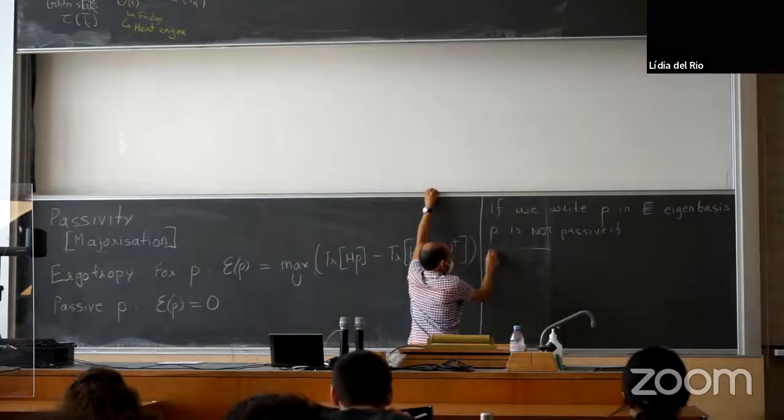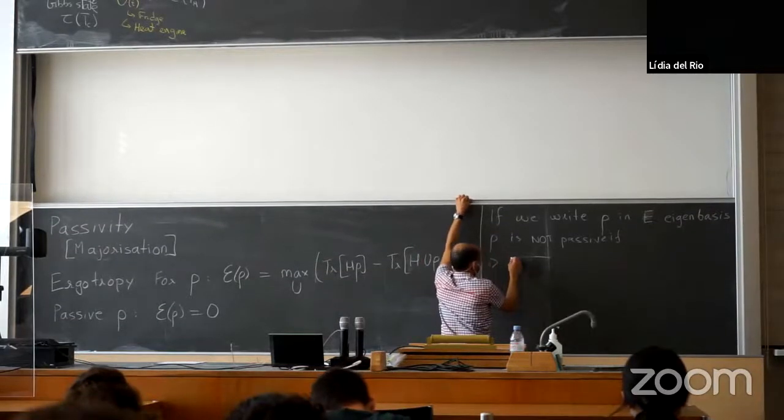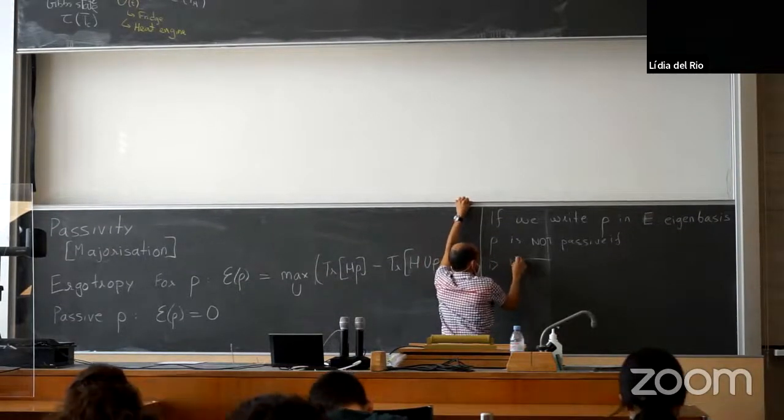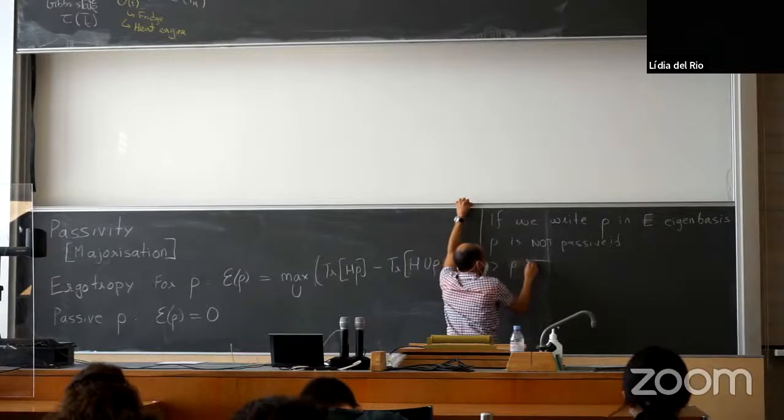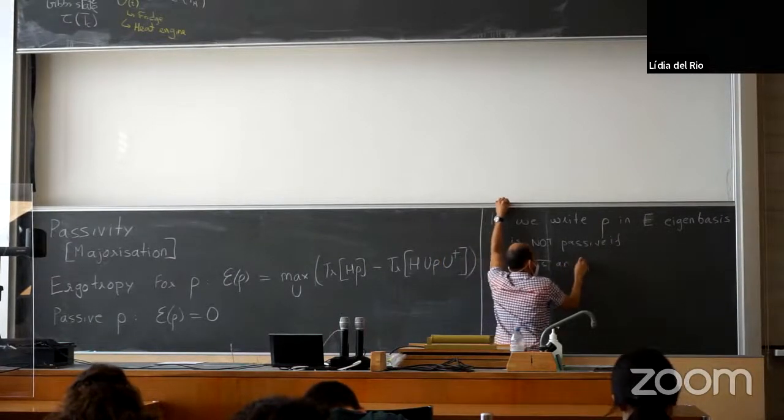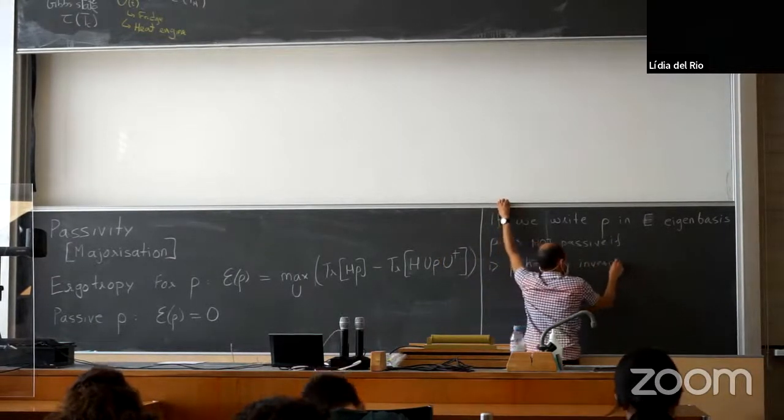First condition: rho has an inversion. And what is an inversion?